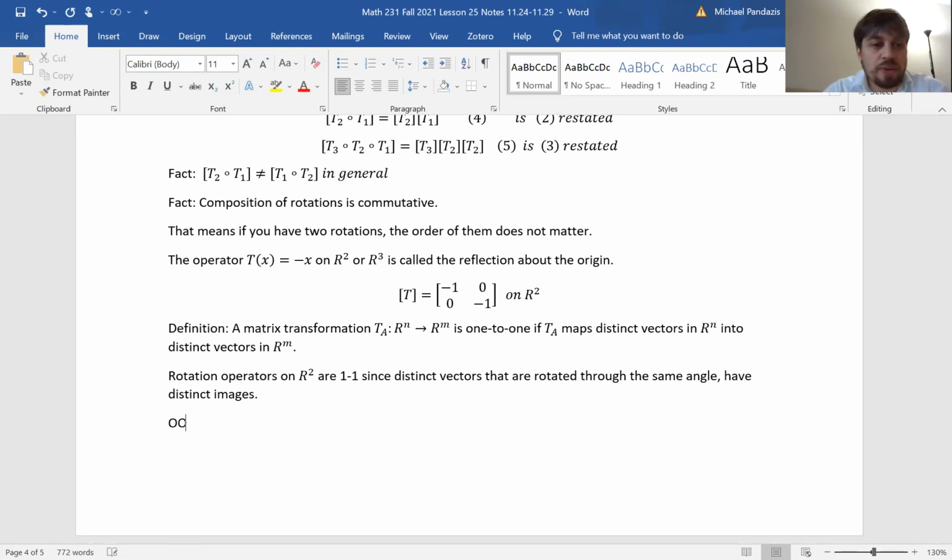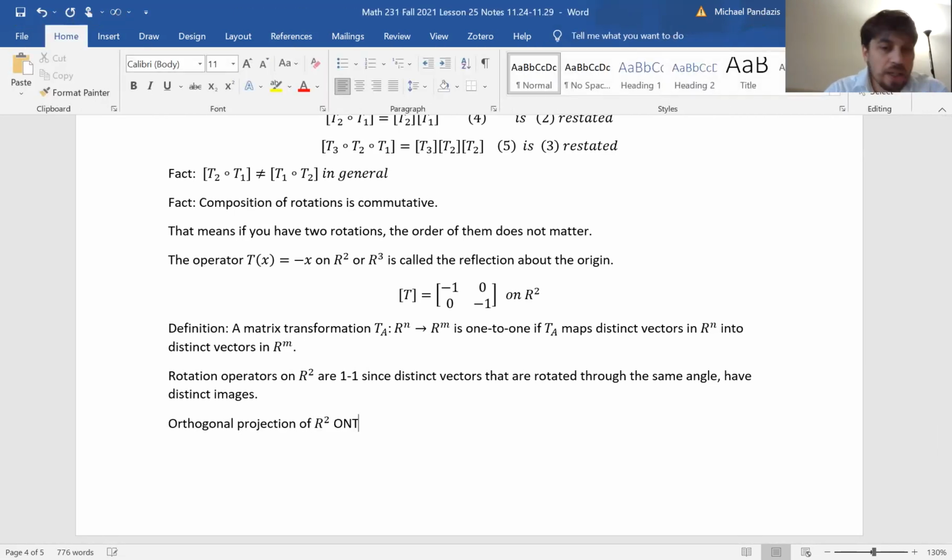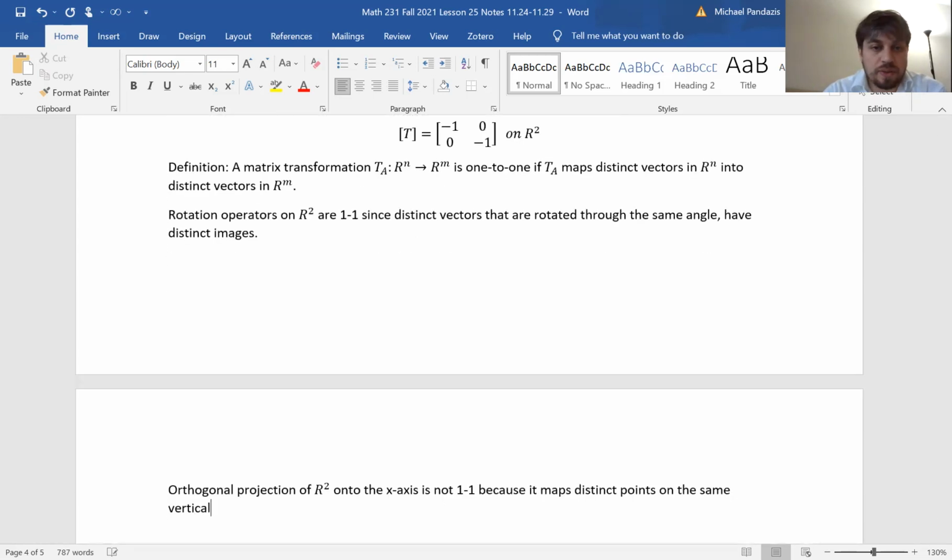Okay, and orthogonal projection of R2 onto the x-axis is not 1-to-1 because it maps distinct points on the same vertical line into the same point.